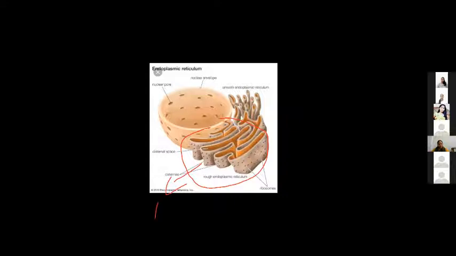This one is the rough endoplasmic reticulum, and this one is the smooth endoplasmic reticulum. For your kind information, this portion is not an endoplasmic reticulum part, it is a nucleus.